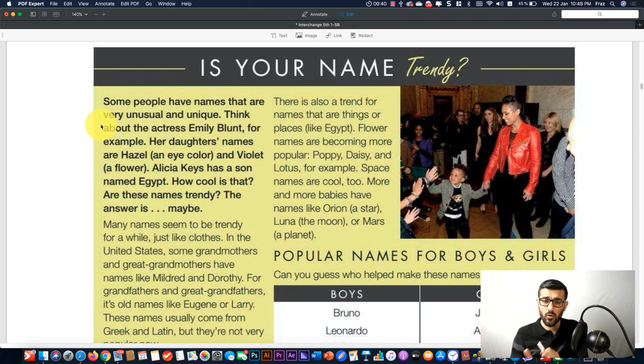This is more in the Western world, okay? However, maybe in Iraq, maybe in the Arab world, it depends.